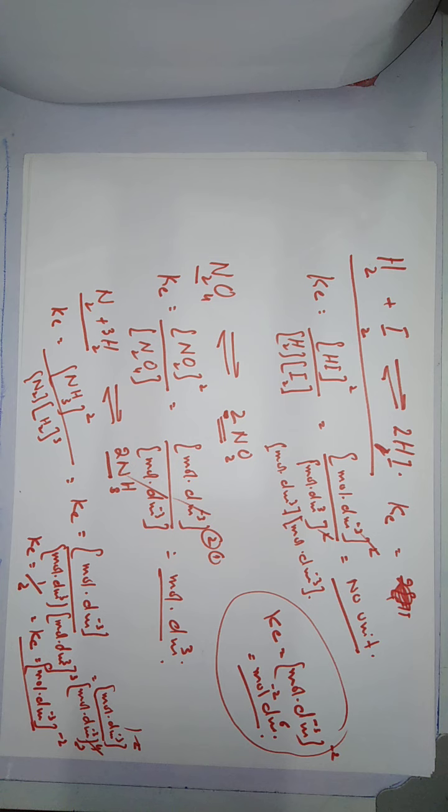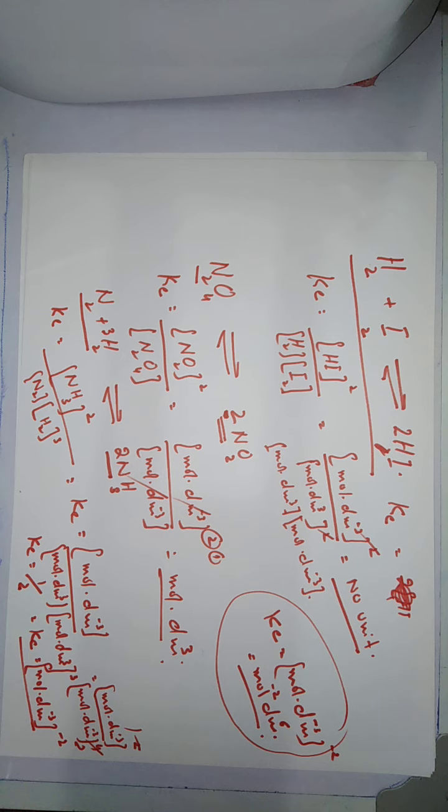Now, the equilibrium constant expression does not depend upon the amount of concentration, it depends upon the temperature. If we increase the temperature or decrease the temperature, it will affect the value of the equilibrium constant. This is the end of equilibrium constant and its unit.